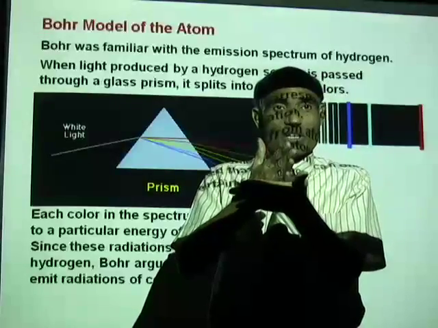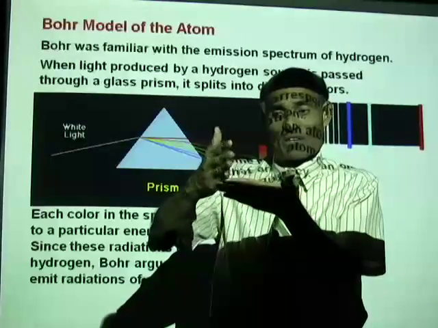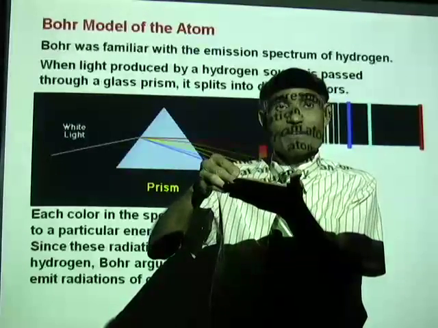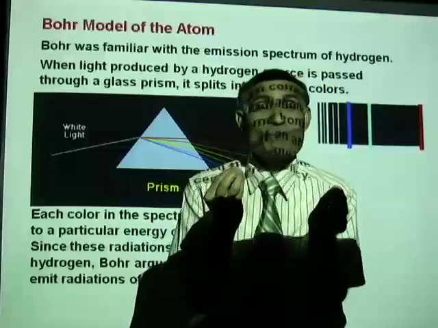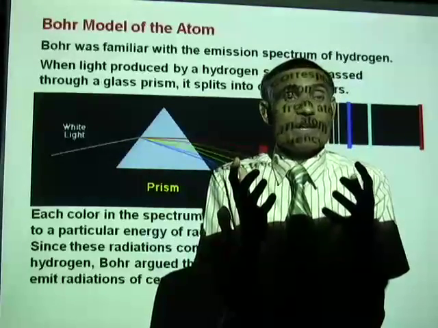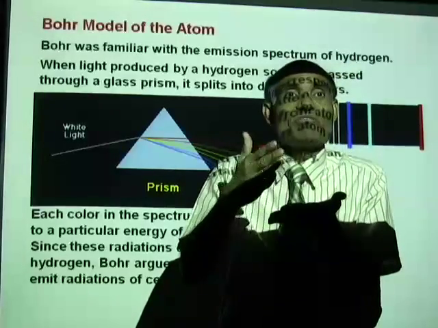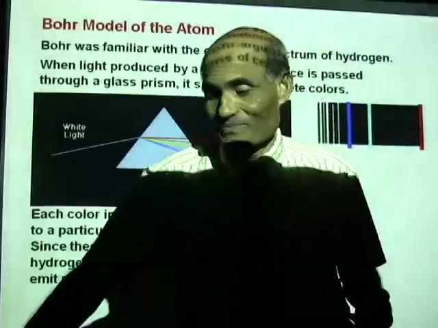A certain frequency, and then the next one is certain other values. There is nothing in between. So whatever model of the atom we subscribe to, it must be able to explain these discrete energy values of the radiations.